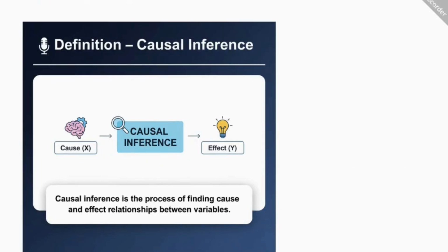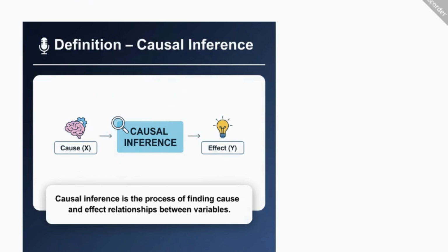On the other side, causation is when one thing directly affects another. For example, smoking causes lung disease. So the key insight is that not everything that looks related is actually a cause.